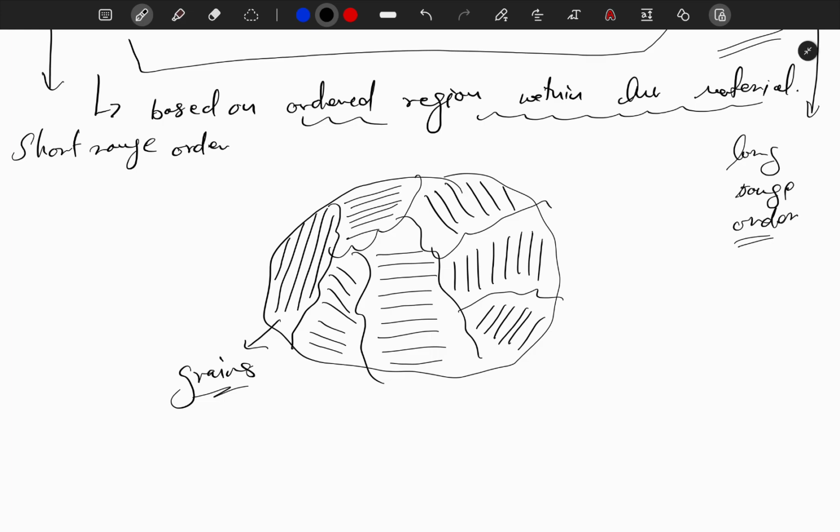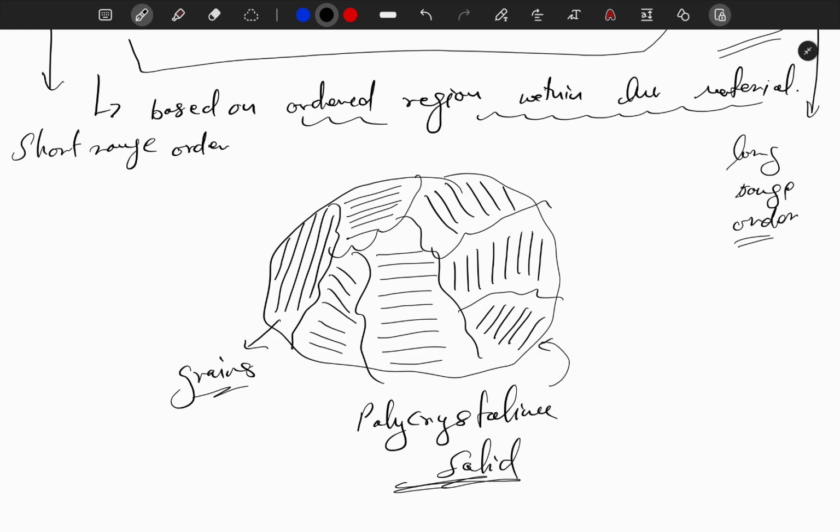This type of solid is called a polycrystalline solid. It means it contains polycrystals, that is, more than one crystal structure is present in this type of solid. That's why it is called a polycrystalline solid.